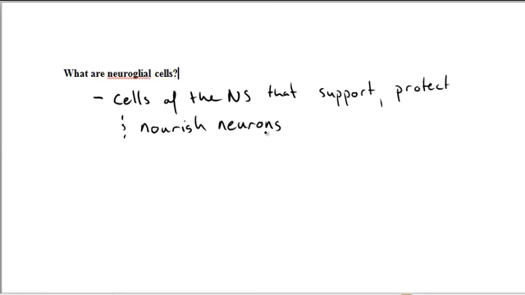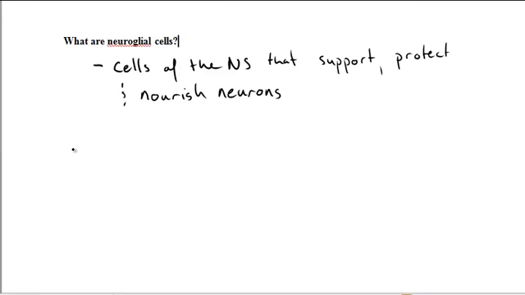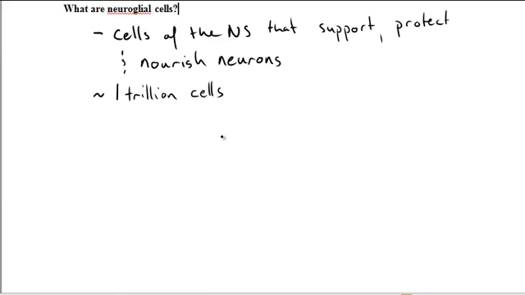They don't actually conduct electrical signals, but they help support the cells that do. The estimate is we have approximately 1 trillion neuroglial cells, so that's 10 for every 1 neuron supporting the neurons.